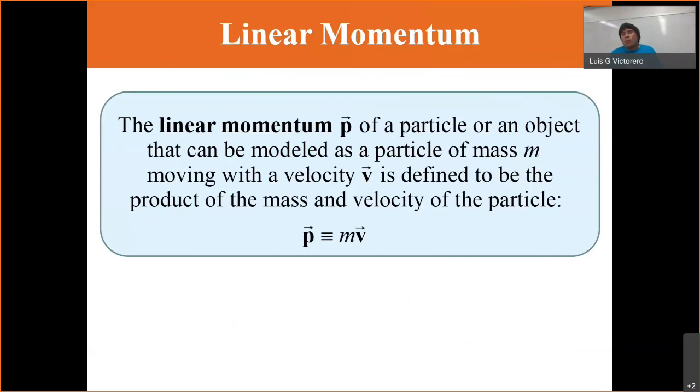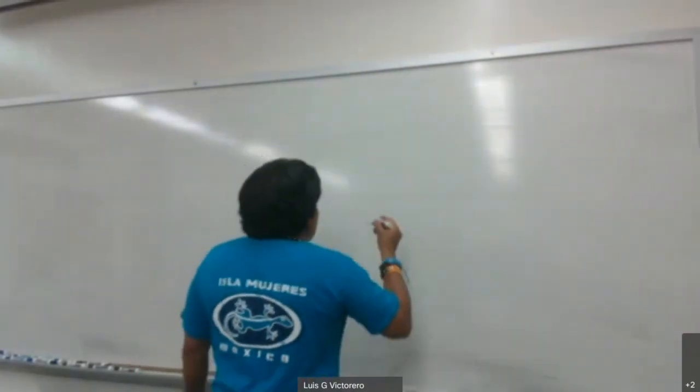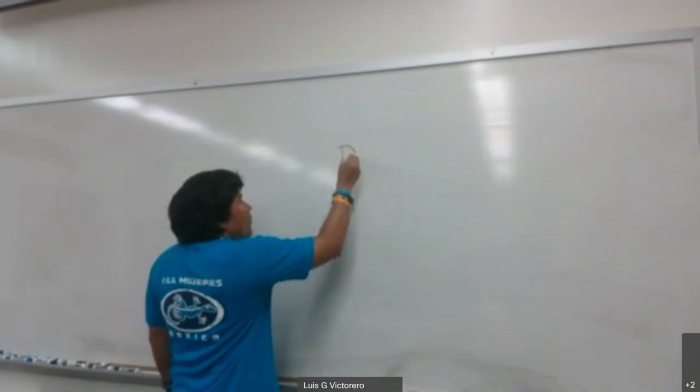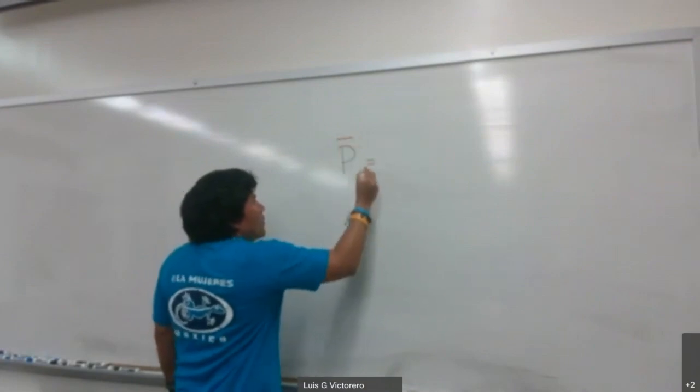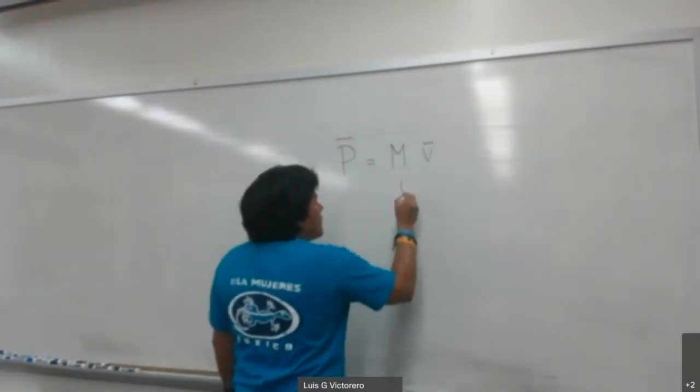So keep in mind that momentum is a vector. Momentum is a vector and it's always in the same direction as the velocity. The units of momentum are kilograms meters per second. So that is our notation for momentum, and these are the units.